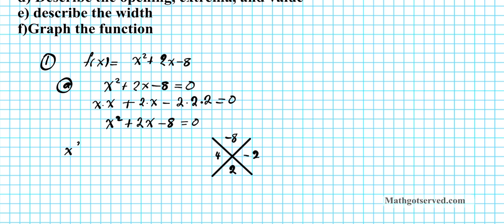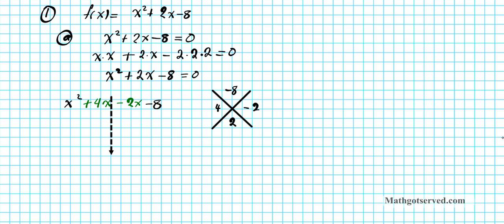So we have x squared plus 4x minus 2x minus 8. Alright, so let's partition it down the center, decompose it, and then factor out the GCF, okay? So let's decompose everything. We're going to have x times x plus 2 times 2 times x minus 2 times 2 times 2.